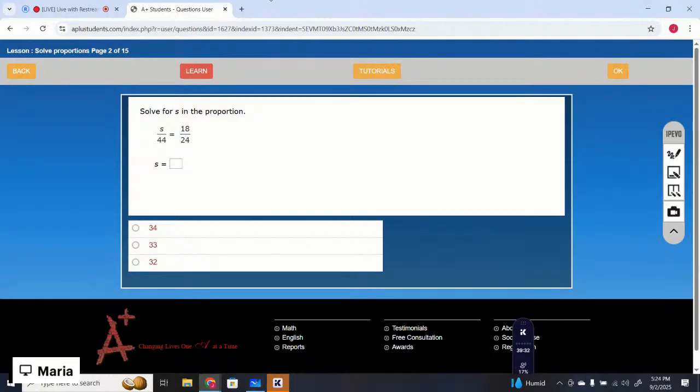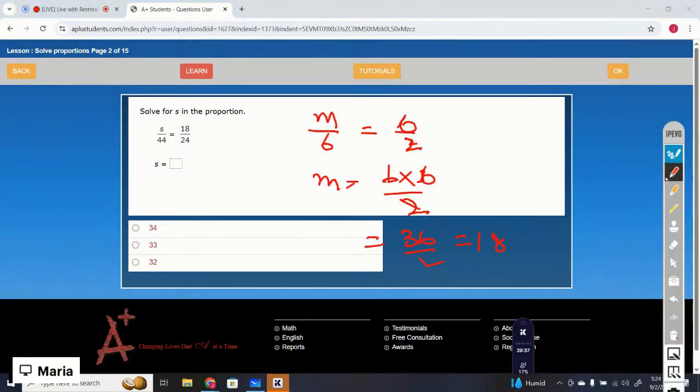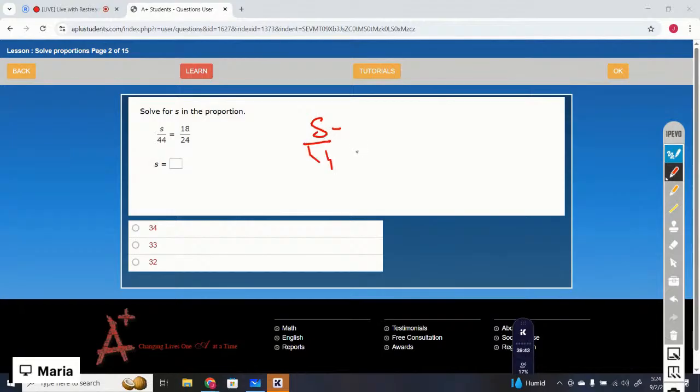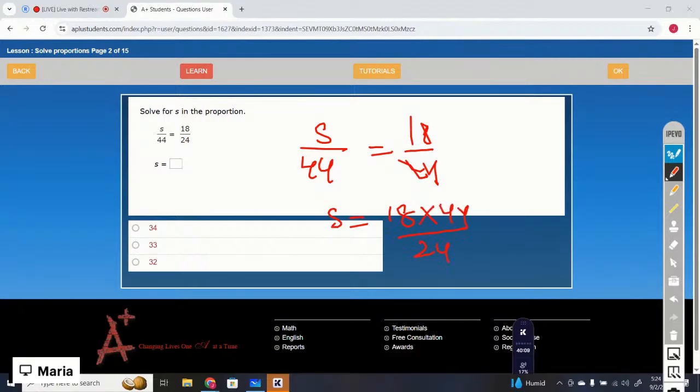S divided by 44 equals 18 over 24. So S is equal to 18 times 44 over 24. 18 times 44 is 792, divided by 24, the correct option is 33.